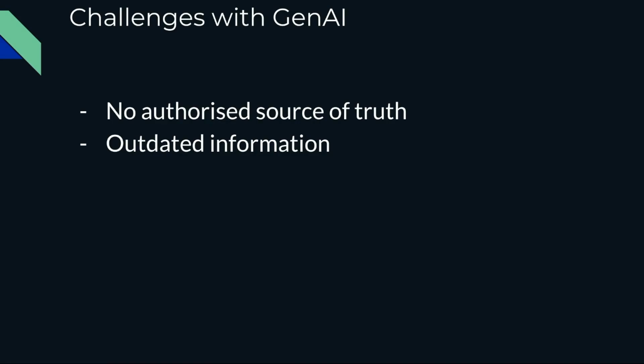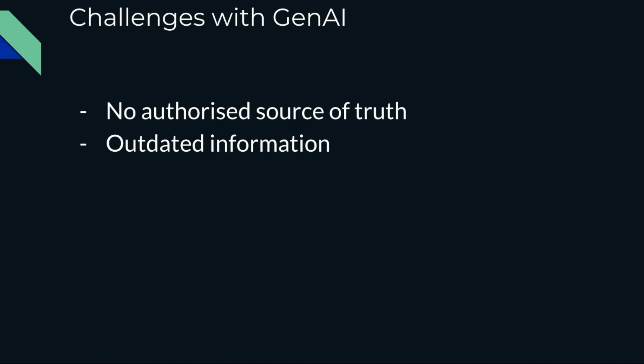Secondly, the information might also be outdated based on the time when that particular model has been trained. Let's say for example you want to learn about a particular case study regarding a particular lawsuit.